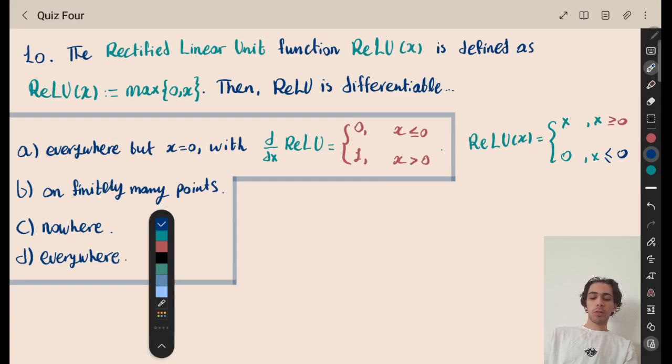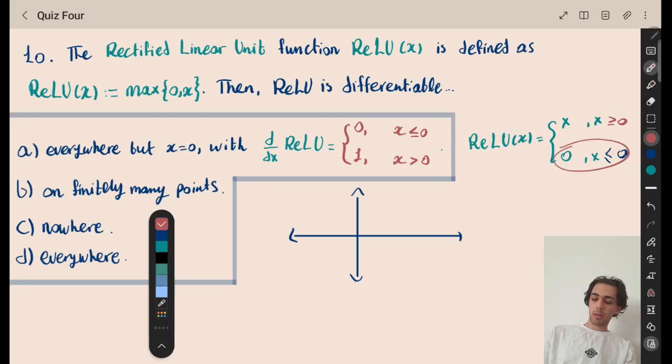And now we want to know if it's differentiable or not. Now, the idea here simply is to look at the limits from below and above. First thing I want to do before anything else is graph this function, just to give you an idea. So it's equal to 0 for any x that's less than or equal to 0.